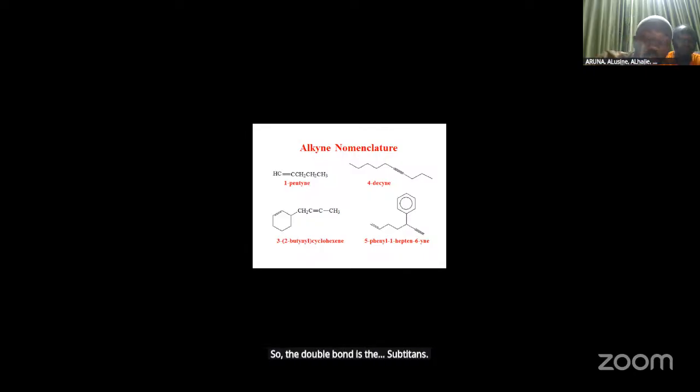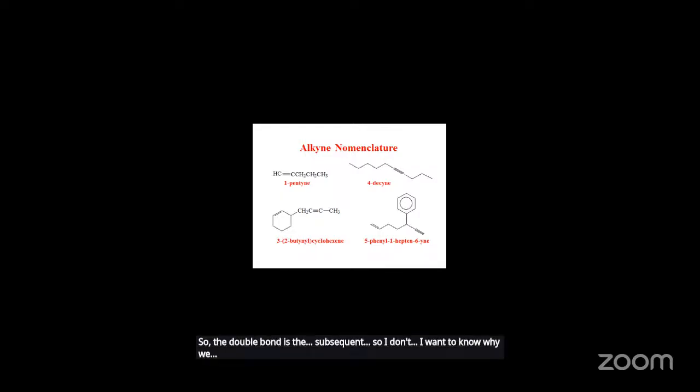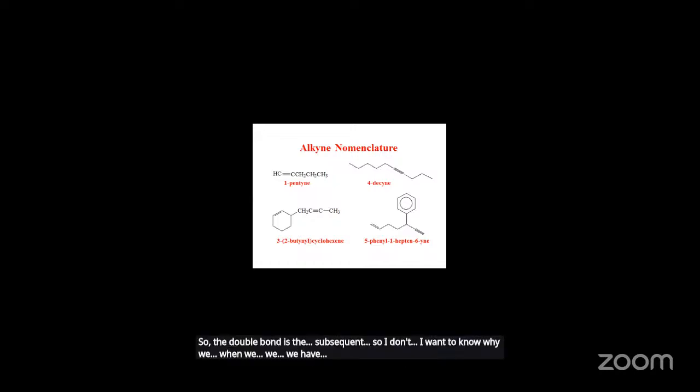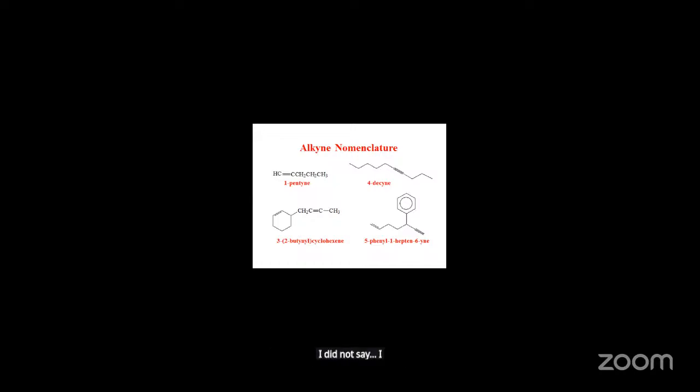So I want to know why I did not say double bond is a substituent. I did not say that. I said whenever you have 2 functional groups, one will be higher than the other. Triple bond is higher than double bond, meaning that triple bond will be named as the parent compound, while double bond is going to be like a child, not a substituent. The substituent we have here is a phenyl.